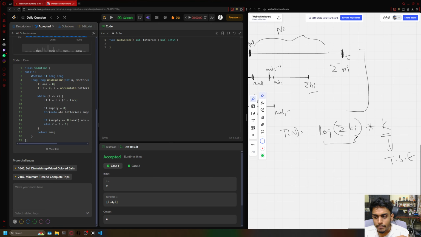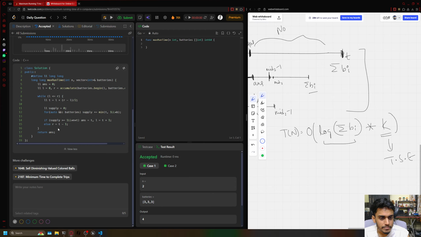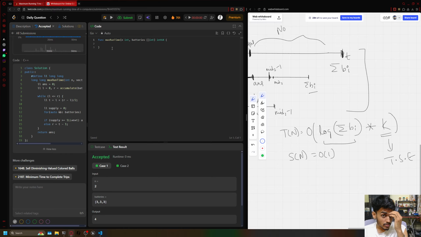So my overall time complexity will be big O of summation of bi times k, and I'm not using any extra space, so my space complexity will be constant.